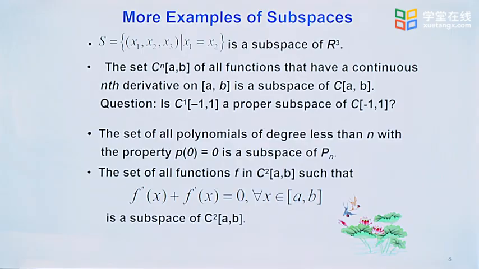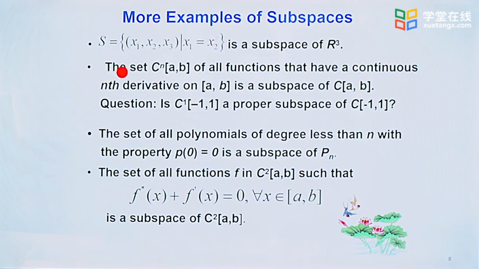Okay. And now we consider more examples. For example, in R3, if we define this subset S as (x1, x2, x3) where the first component equals the second component, then this set is a subspace of R3.